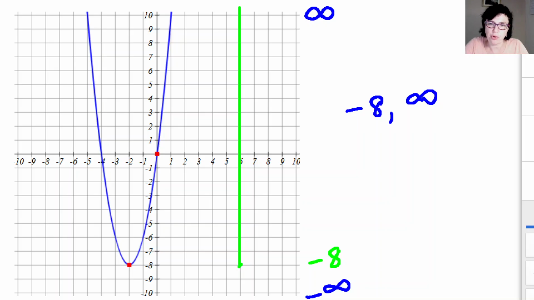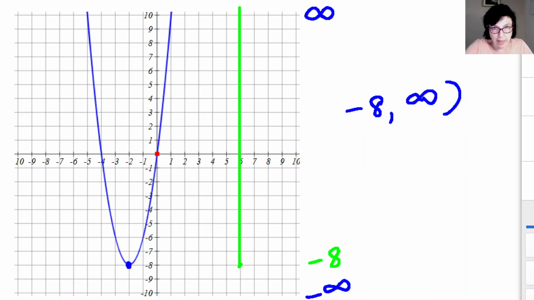Now we just have to figure out whether we put parentheses or square brackets. Now, with infinity, we always put parentheses because we can never reach infinity. We have to go forever. We'll never actually reach it. But what about -8 itself? Are we including that in the range or not? Well, yes, we are, because this point, the vertex, is part of the graph.